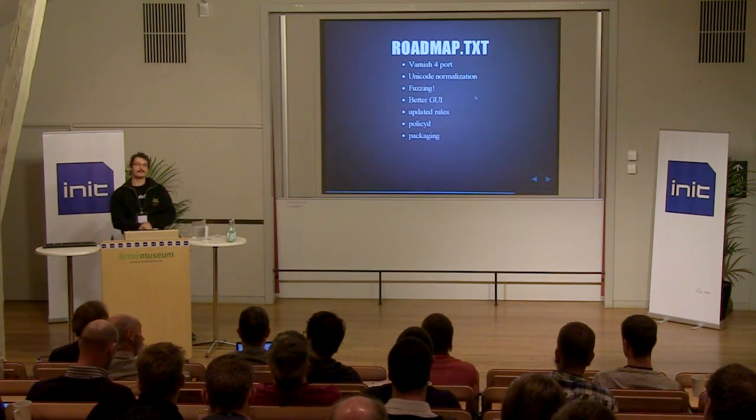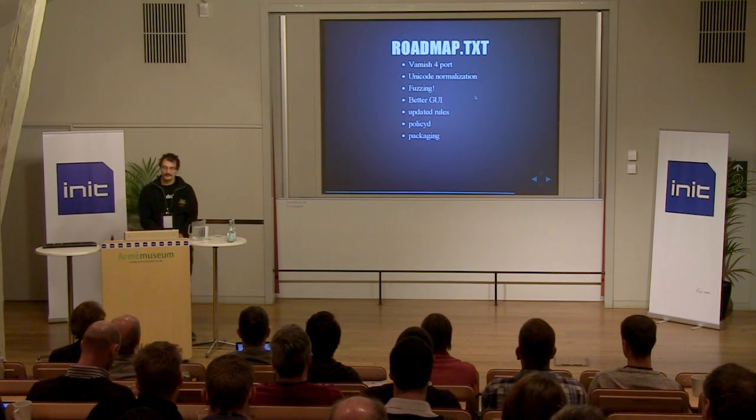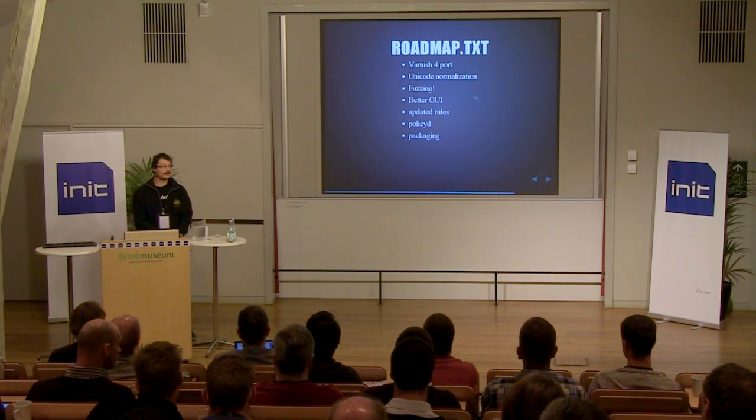There's of course a lot of work to be done in this open source software that Varnish Security Firewall is. It's basically run as a volunteer project at this moment. What we're working on right now is a Varnish 4 port. Later on, one of the top priorities is Unicode normalization, because that is quite tricky.